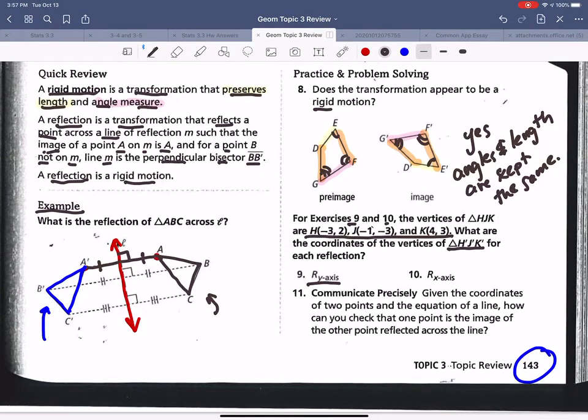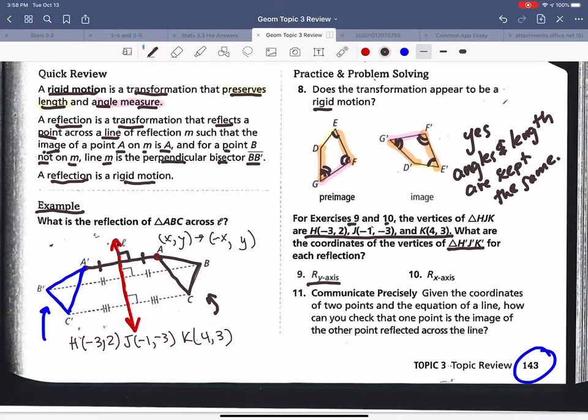So let's see. H is -3, 2. J, -1, -3. K is this. So my rule was when I reflect over the y-axis, y stays the same, but the x changes sign.